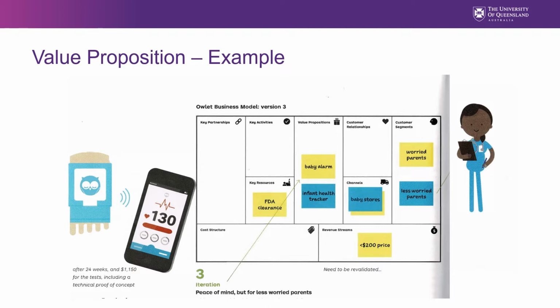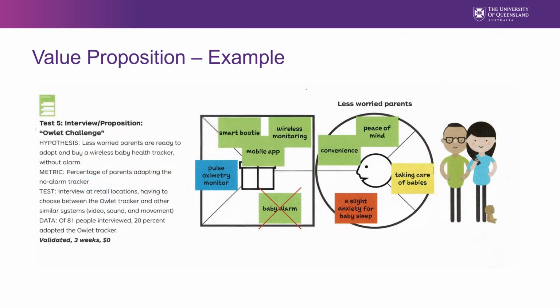They went for a more minimal, less risky product, an infant health tracker, but without the alarm. This was for the less worried parent. This then needed to be revalidated. Finally, they retested using an interview on location, and when they did this, they discovered that 20% of 81 people would adopt the tracker.